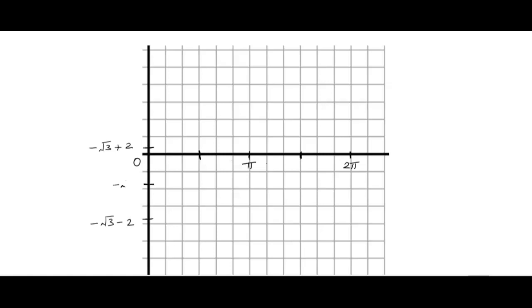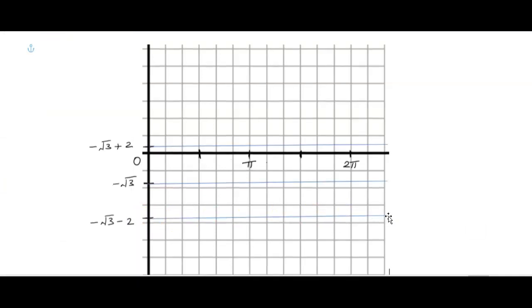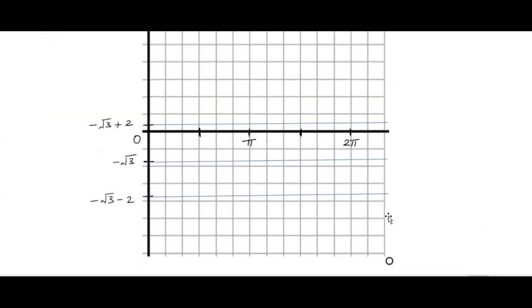Alright, so that's going to be minus square root of 3. Now, like we did in the previous example, I'm going to draw some straight lines to make our jobs a little bit easier. 1, 2, and 3. Right, so I've drawn my lines to make my job a little bit easier.